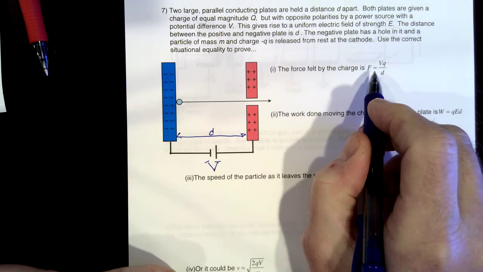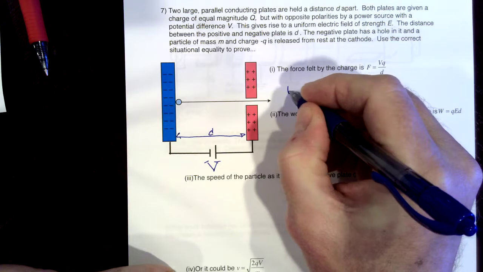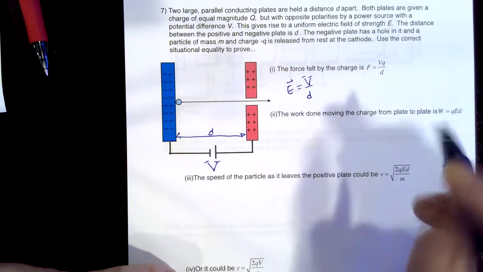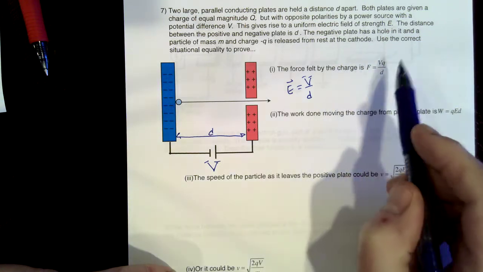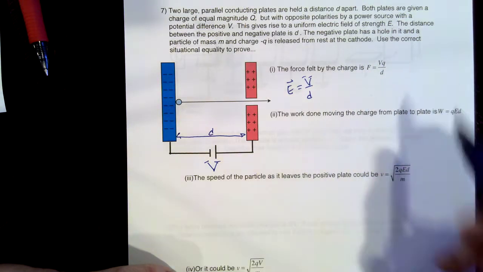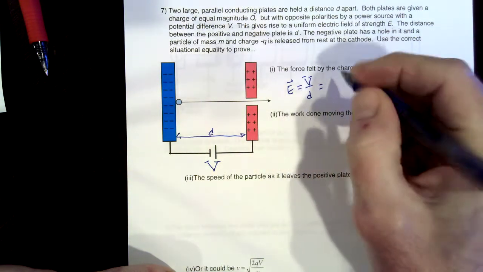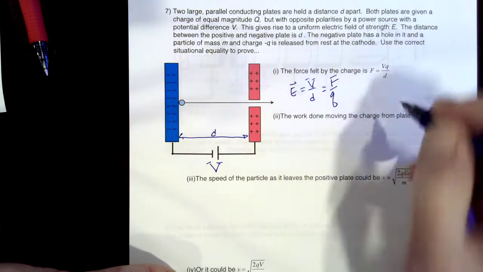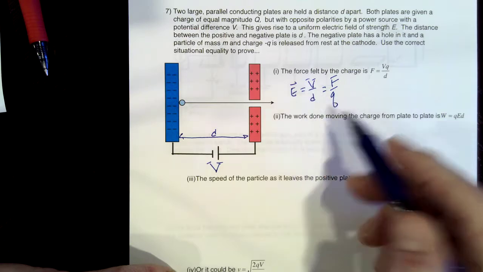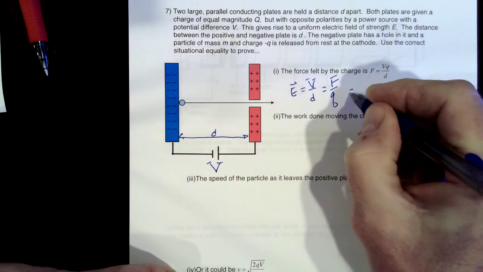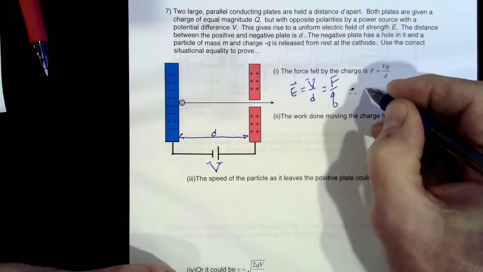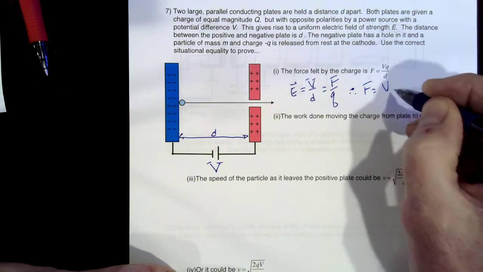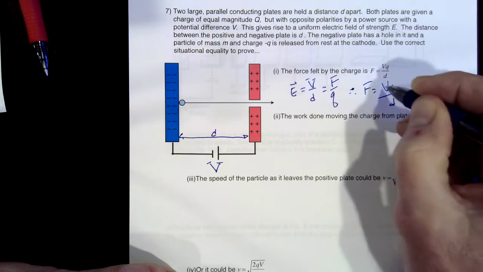Well, it gave me enough to figure out what the electric field intensity was, which is V over D. And it's bringing in a Q and an F. So electric field also equals force felt per charge. So if I just multiply over by Q, therefore F would be Q times V over D.